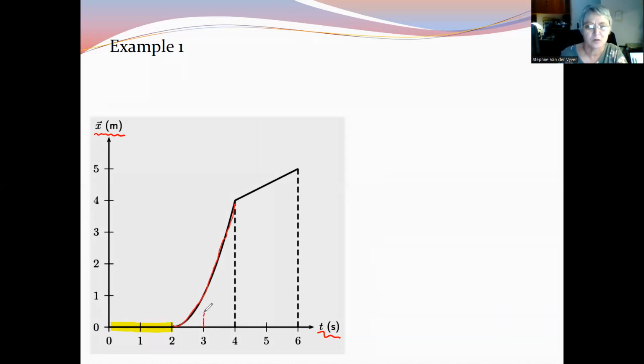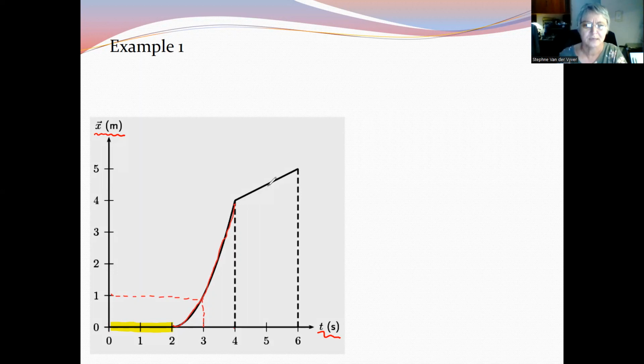So at the point in time, 3 seconds, the object changed position from 0 to 1. And in the next second, from 3 to 4 seconds, the object went from 1 meter to 4 meters away from its reference point. So it means that this object accelerated from 2 to 4 seconds.